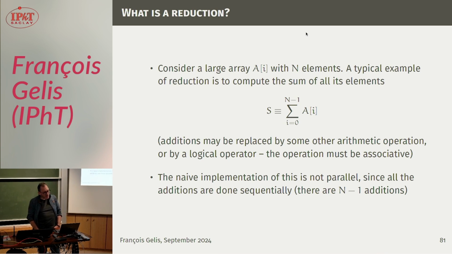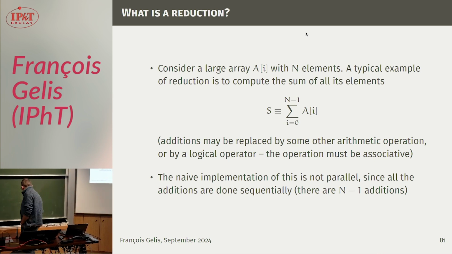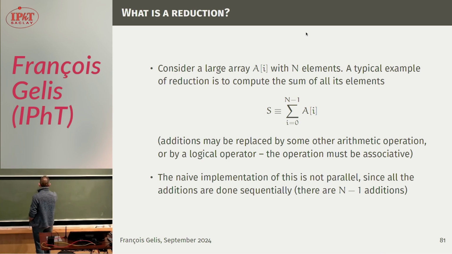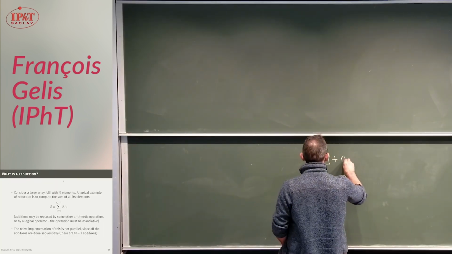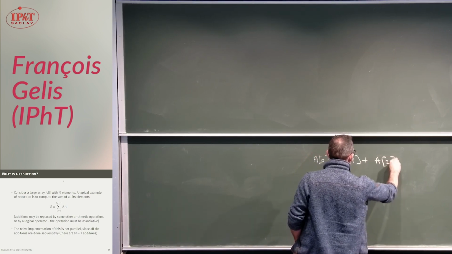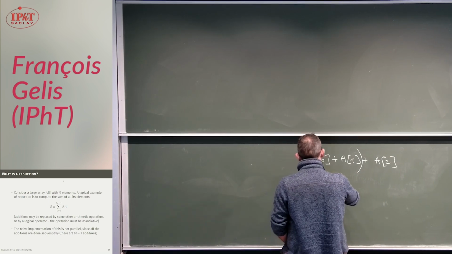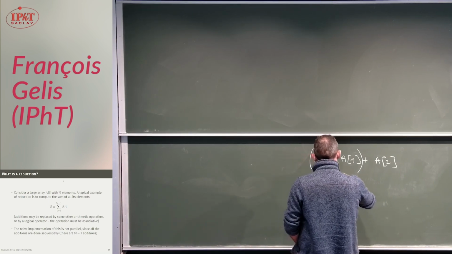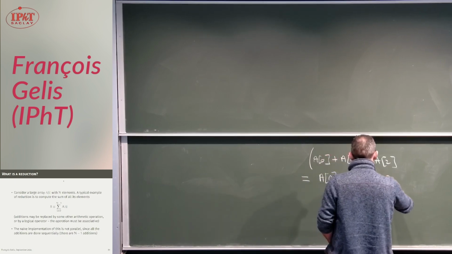The only restriction on the kind of operation you do is that it has to be associative. What this means, for instance for the addition, is that A0 plus A1 plus A2, if you put parentheses here, gives the same result as doing this.